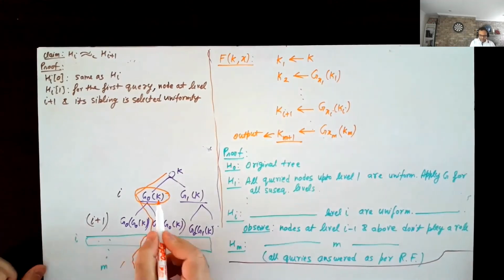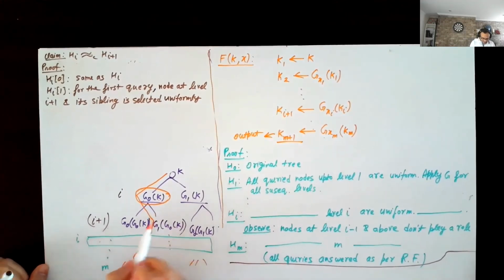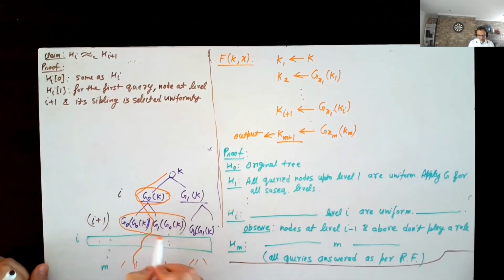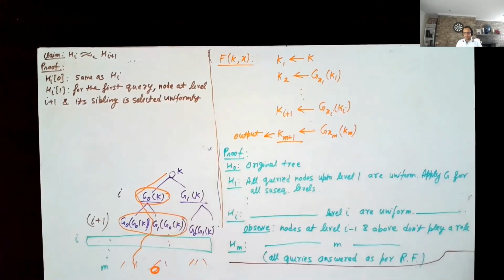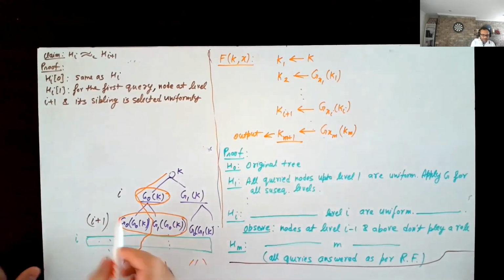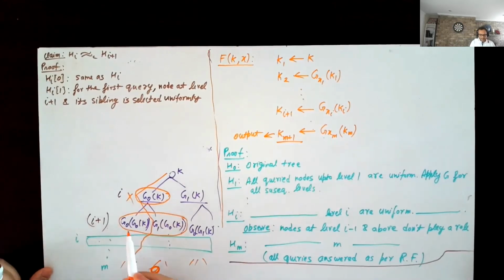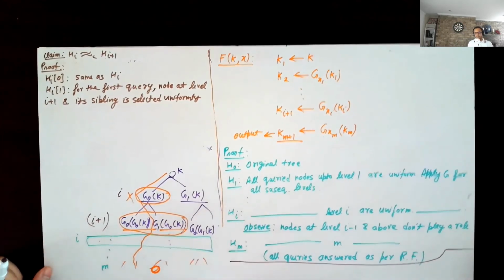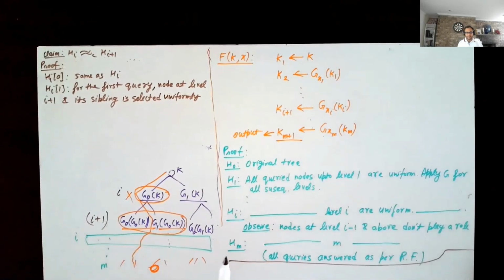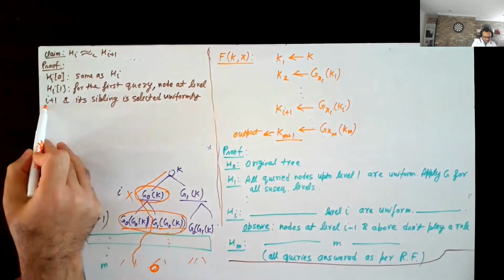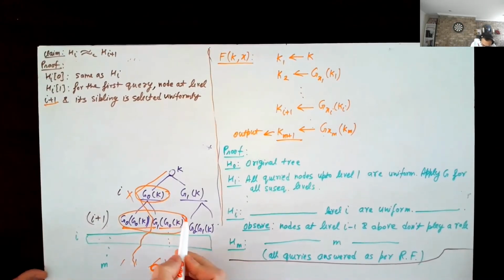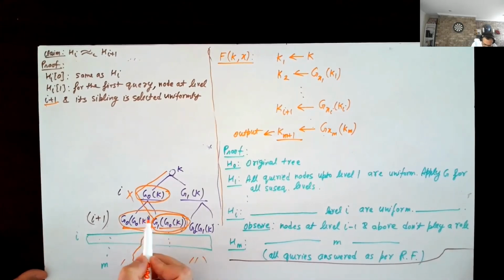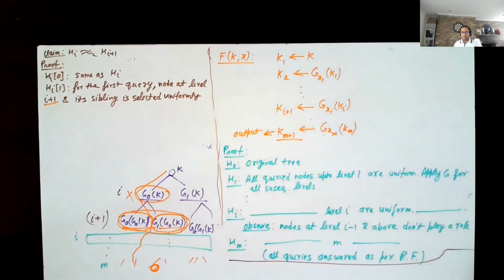This invocation of the PRG resulted in these two nodes. They are siblings of each other. So now I remove this, and instead I select this node and this node uniformly. So these are nodes at level i plus 1. This is the selected node at level i plus 1, this is its sibling, and we choose both of them uniformly.